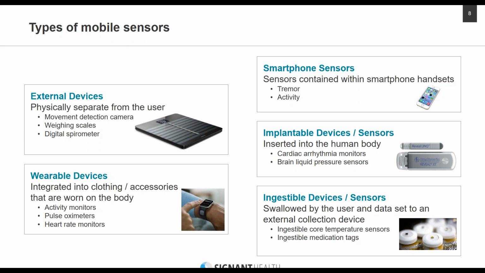Even the sensors in our smartphones can be used to collect health-related data, measuring things like activity or even measuring tremor in a Parkinson's patient. Then there are implantable devices, such as cardiac arrhythmia monitors, things that are put inside the body, and ingestible devices that are swallowed, like medication tags, like the Proteus pill, for example.